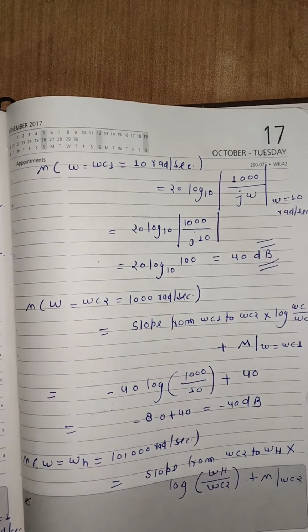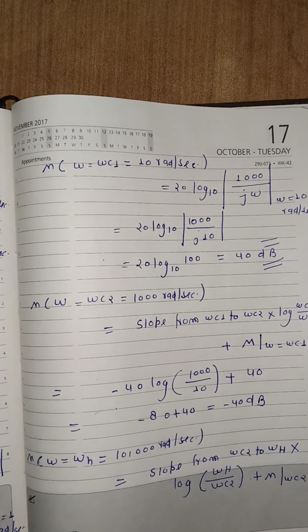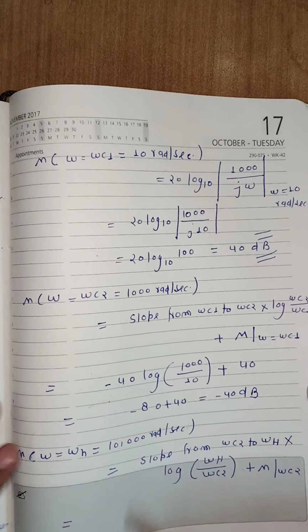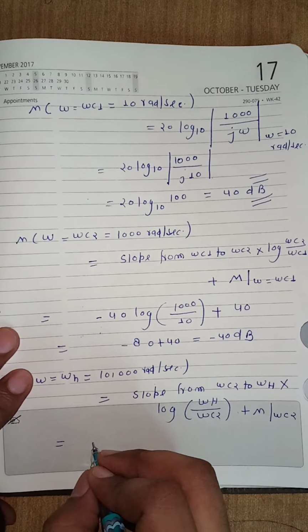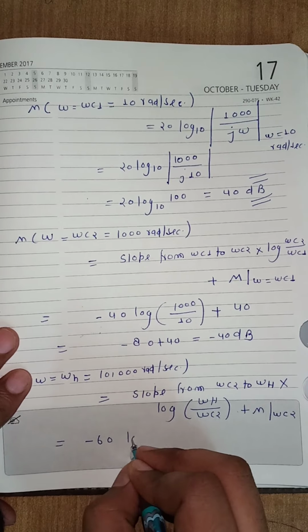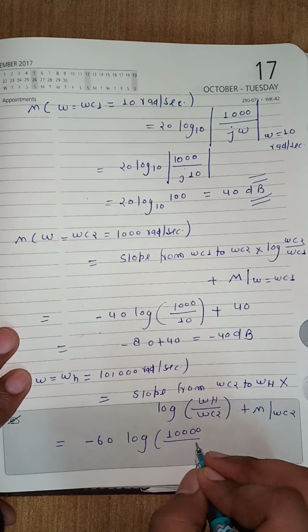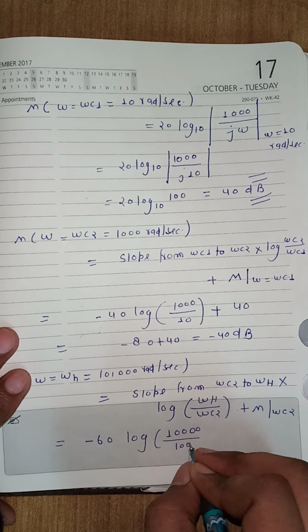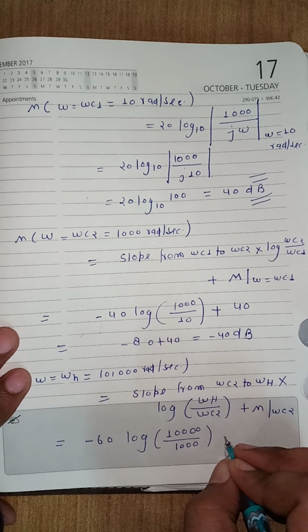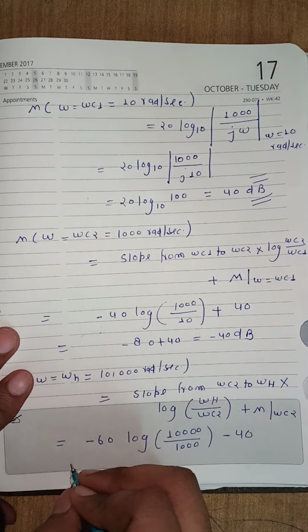So we have minus 60 log of 10,000 divided by 1000, minus 40.